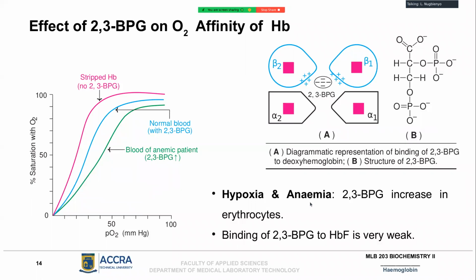Of course, in anemic conditions, as you see here, there will be more of this compound present, more than normal. So if the concentration of 2,3-biphosphoglycerate in blood is higher than normal on a test, it will indicate some form of anemic condition.